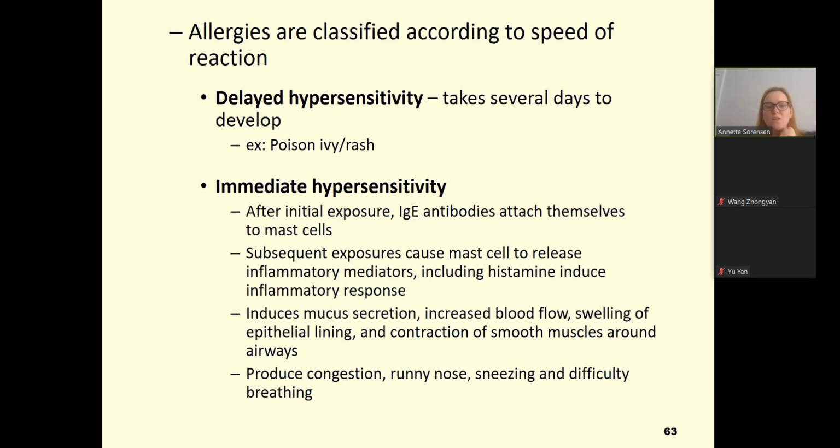As you might know, people with allergies get mucus secretion, increased blood flow, and swelling of the epithelial lining, and you can get contraction. So some people might actually find it difficult to breathe if they have a really severe attack. It also produces a runny nose, sneezing, and obviously difficult breathing because of that contraction.